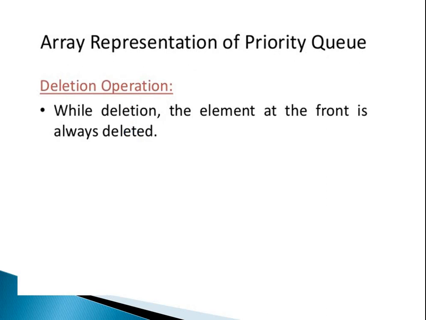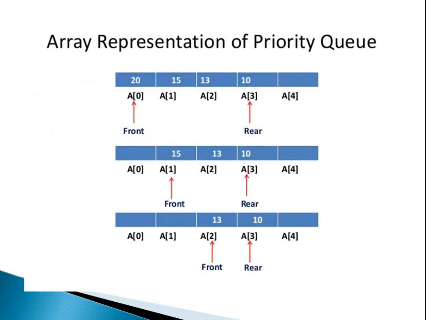Deletion operation. While deleting elements, the element will always be deleted from the front position. You can see here the array representation 20, 15, 13 and 10. So the front value is 20 and the rear value is 10. If you want to delete from the priority queue, it will always be deleted from the front side. So the first element, 20, will be deleted first.